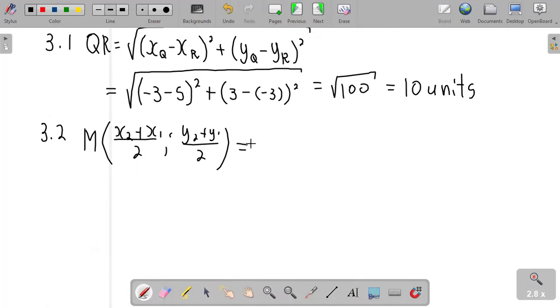So it's going to be 5 plus -3 over 2, and then -3 plus 3 over 2 equals to. And then you use a calculator here.